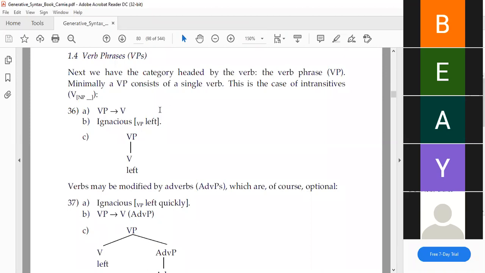The VP rule is not the most difficult, but it is the longest, because we can have many things that go under the VP.